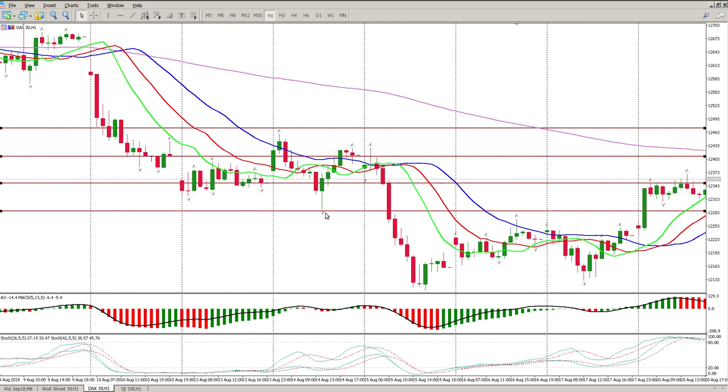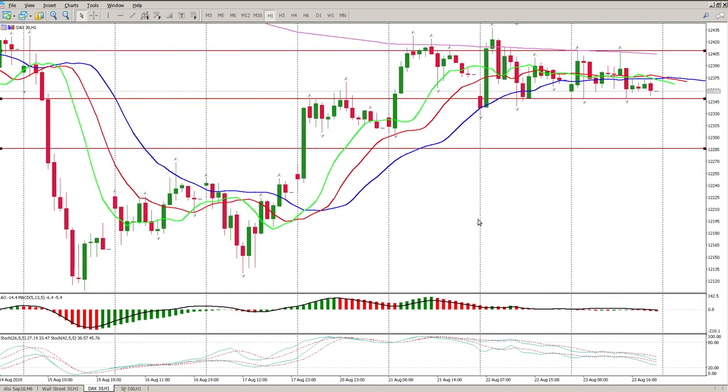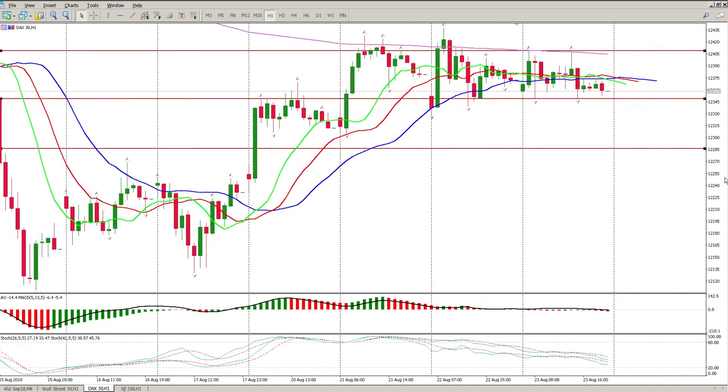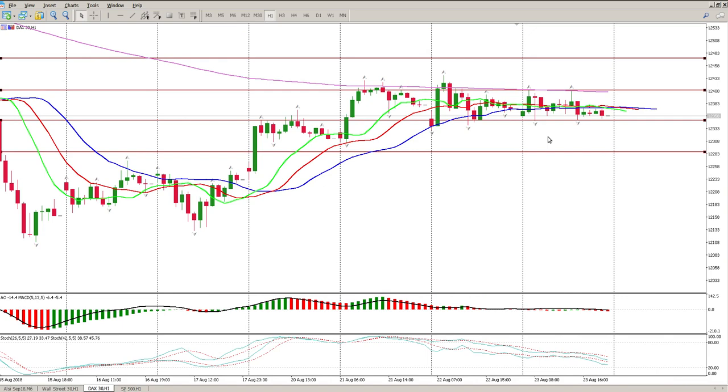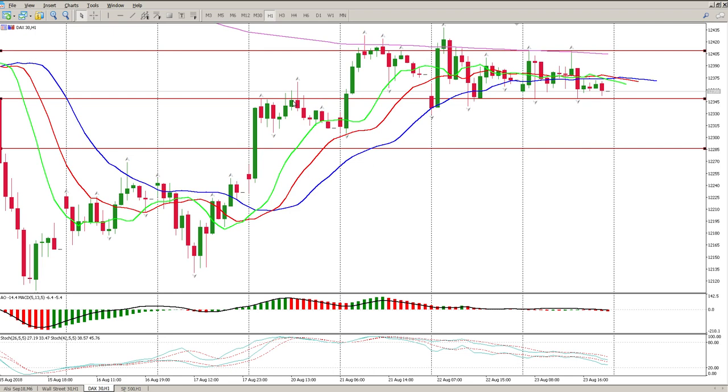Then a break to the downside is going to test this tail and this breakout. Okay, so you can see we've got a target to the upside, target to the downside, which pretty much lines up with this breakout. So we now need to watch to see what's going to happen with the breakout.